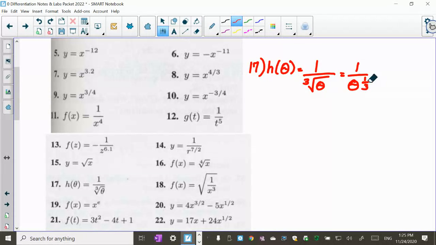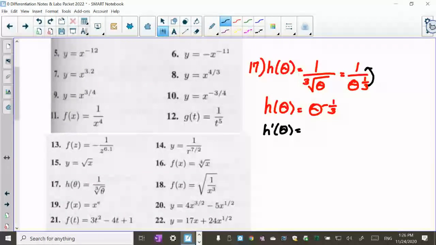Then I can move that up and say h of theta is theta to the negative 1/3. I have not done any calculus at all. All I've done is set it up using algebra to make sure it's ready for the derivative. These two rows are just me getting it ready.